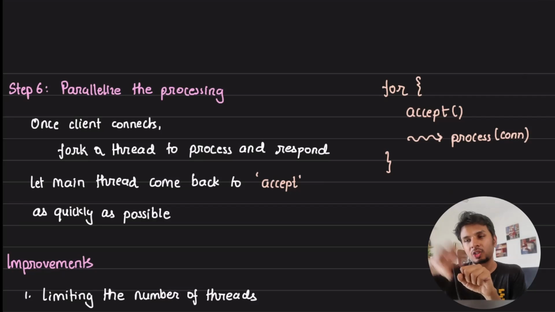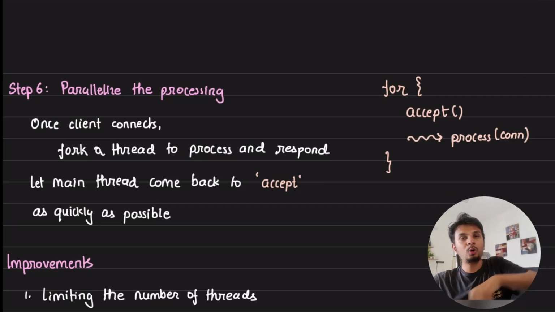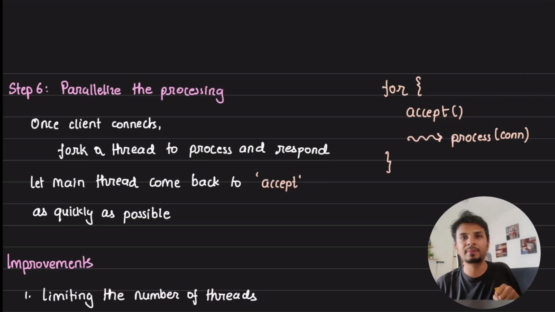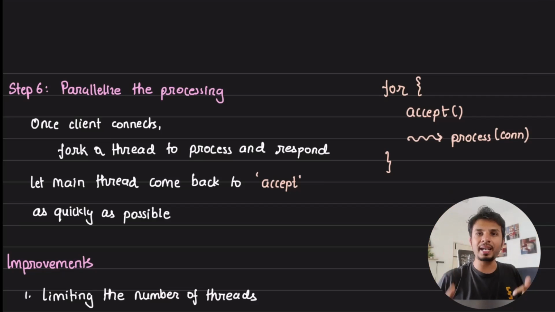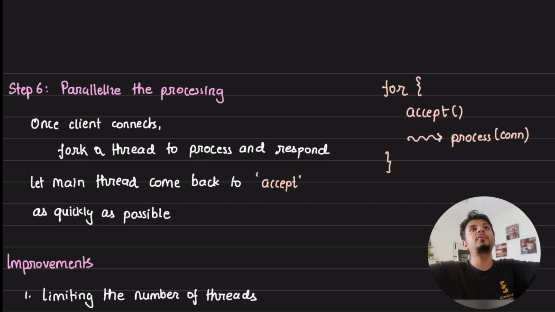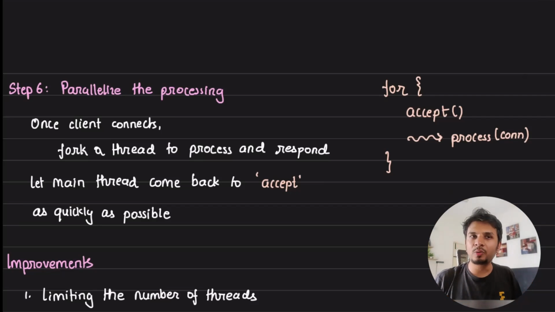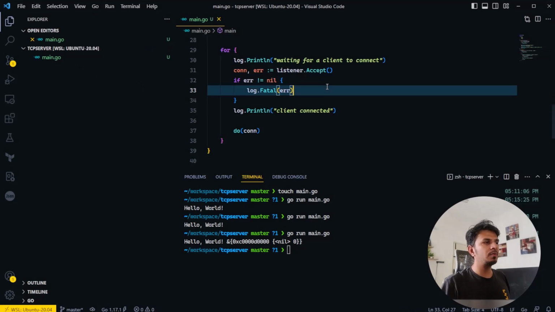Once that is spawned into a separate thread, my main thread can go back to the top of the for loop again very quickly and make the accept system call, waiting for the client to make a connection. Won't that work? That's precisely what a multi-threaded server does.